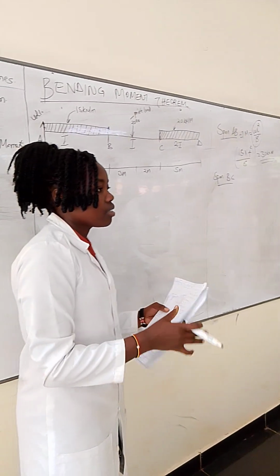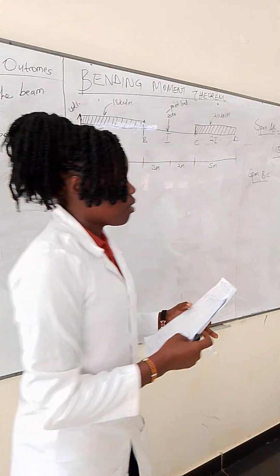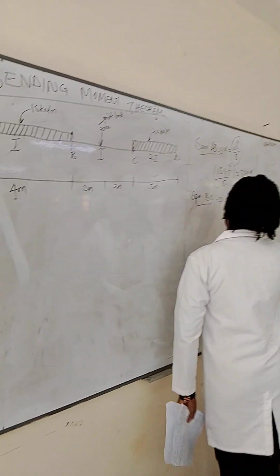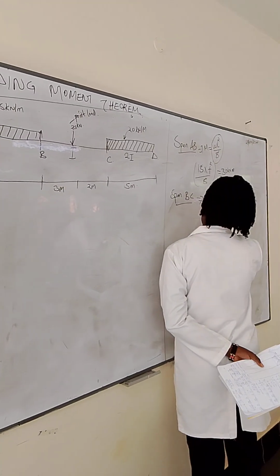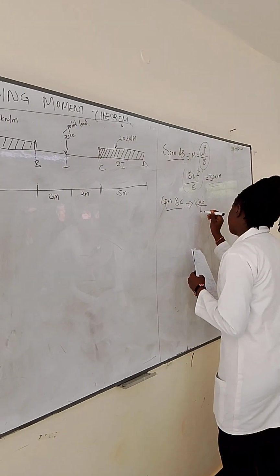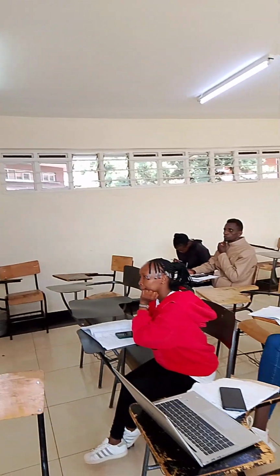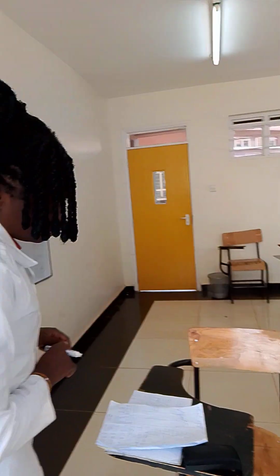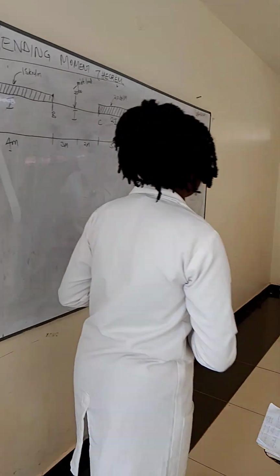So our formula for this span will be WAB over the length. Come on, please, my friend at the back. Are we together with that? The formula will be WAB over the length.